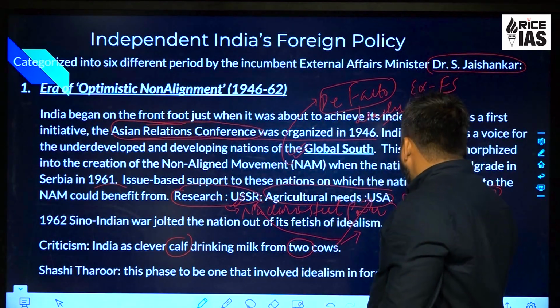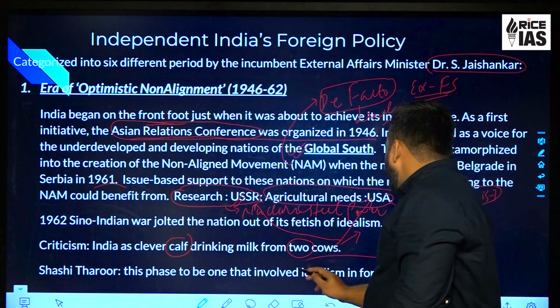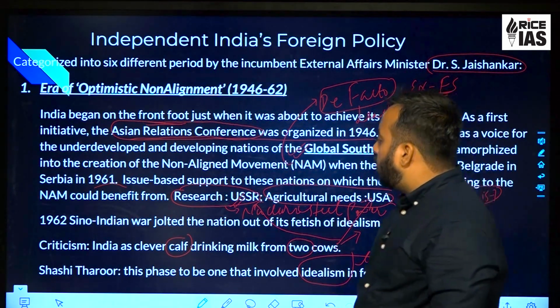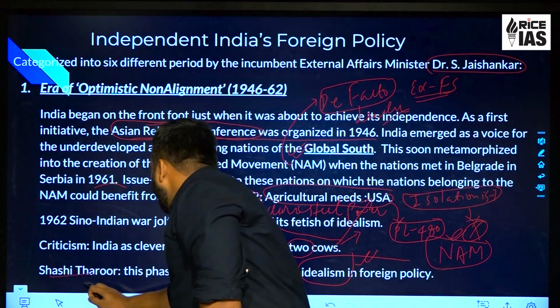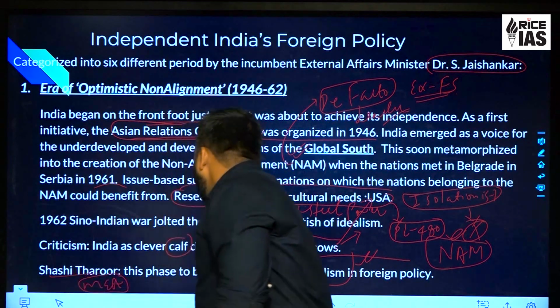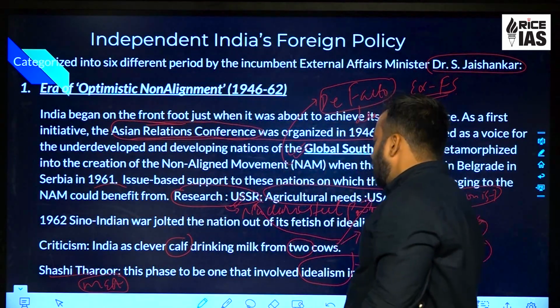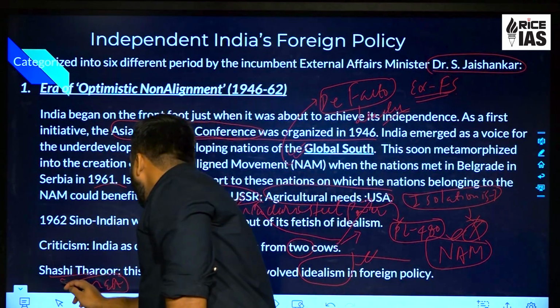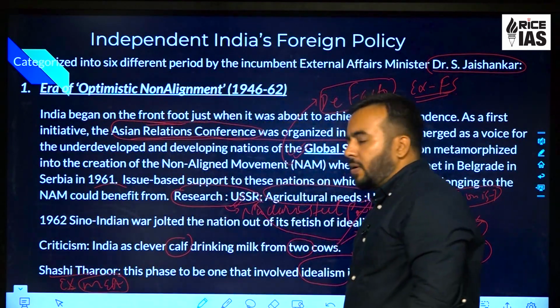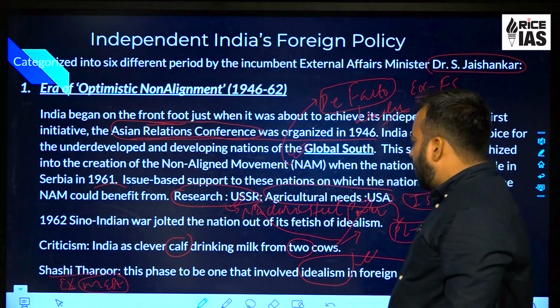Optimistic non-alignment has been called idealism in foreign policy by Shashi Tharoor, who was Minister of State for External Affairs for quite some time in the Congress government, ex-MEA. He was also Under Secretary General in the United Nations.